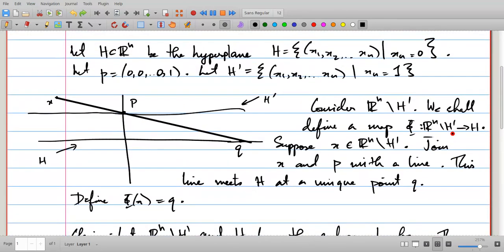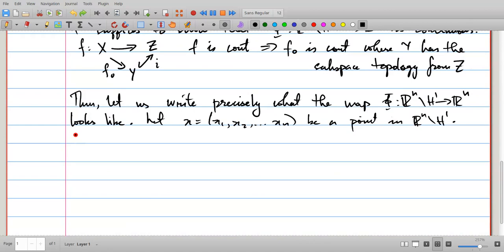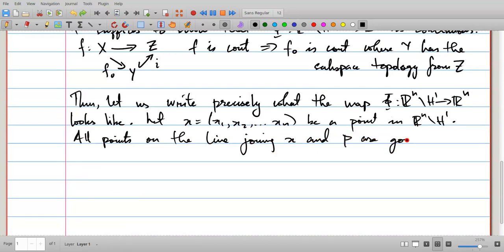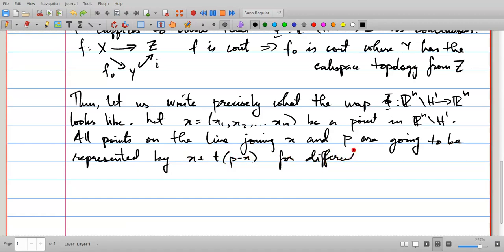So the line passing through x and P is given by, we take the direction vector P minus x, and all points on the line joining x and P are going to be represented by x plus t times P minus x for different values of t, where t belongs to R.